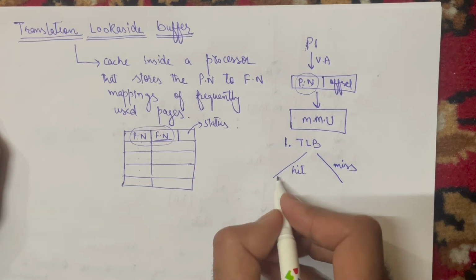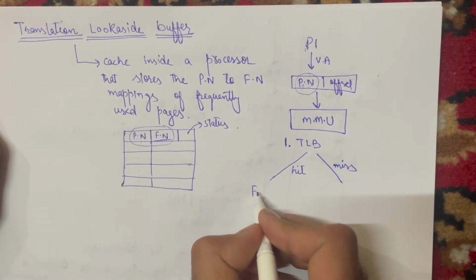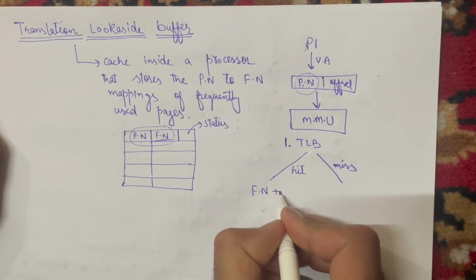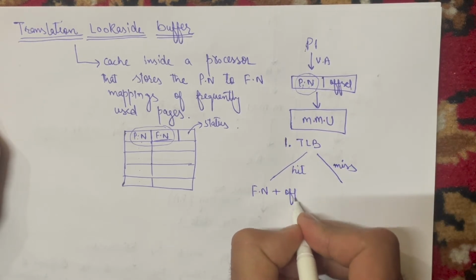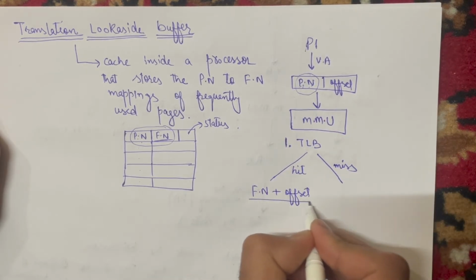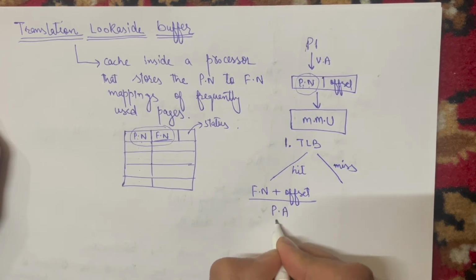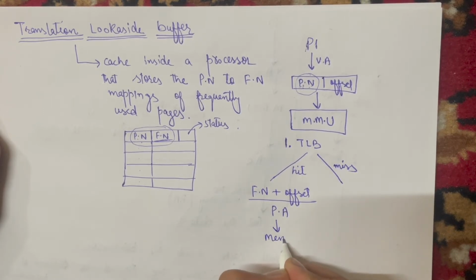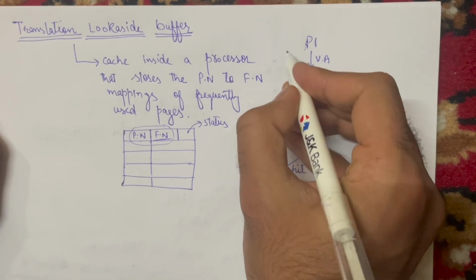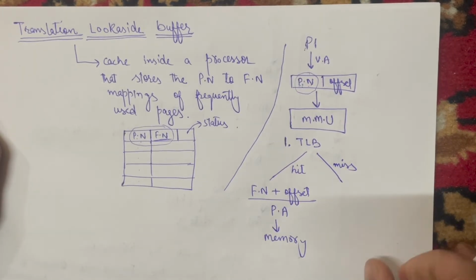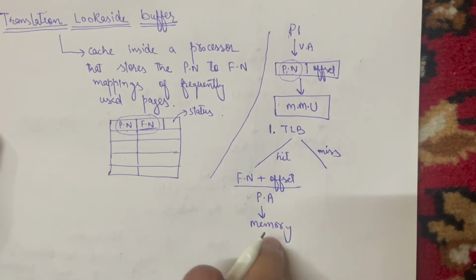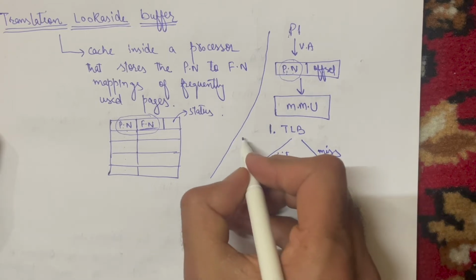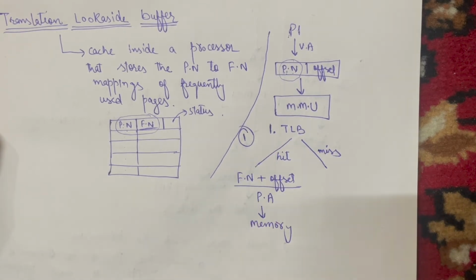So if it is present, it will get the frame number, and to this frame number it will add the offset, and this will be our physical address. Then it will access the memory. So in this particular scenario, how many times do we have to access the memory to get the data? Only one time.